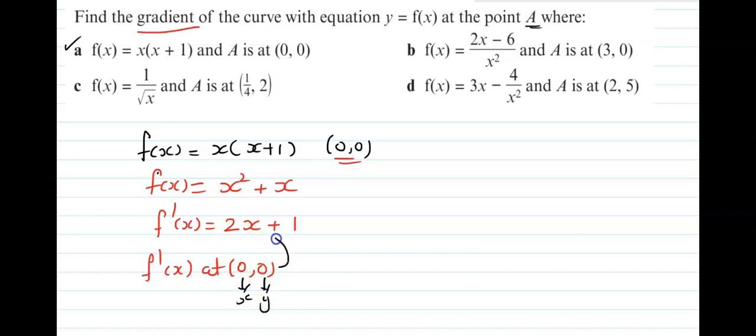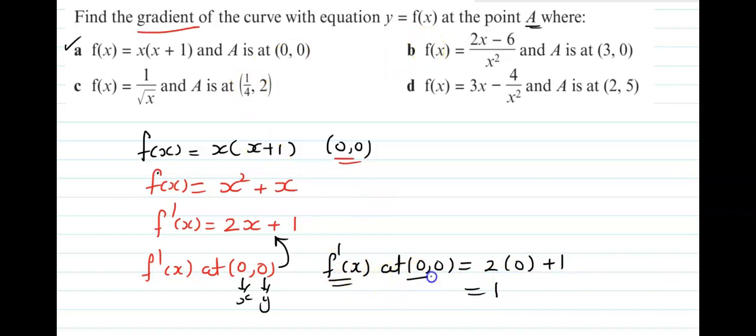So just replace x with 0 and y with 0. We'll write it like this: f dash x at (0, 0). If you replace x, 2 times 0 plus 1, that is 1. So the gradient of the curve at point (0, 0) is 1.